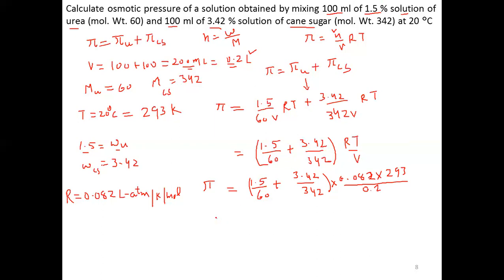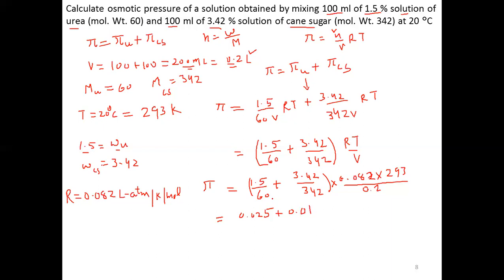Now let us try to solve it. 1.5 by 60 is 0.025, because 1 by 40 is 0.025, plus 3.42 divided by 342, which is 0.01.